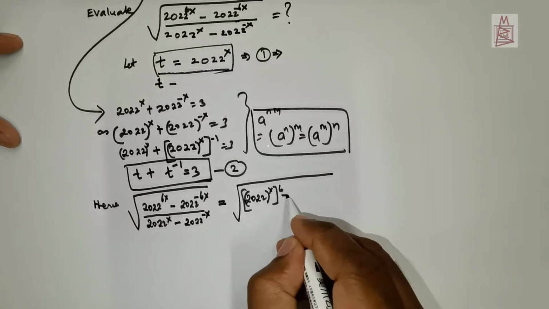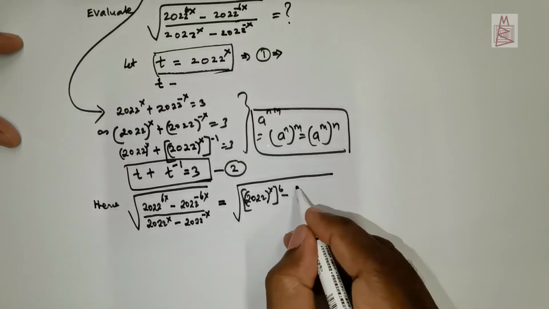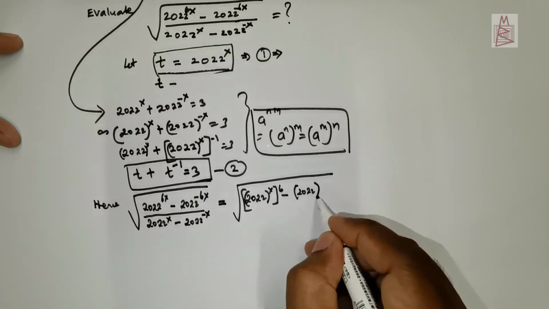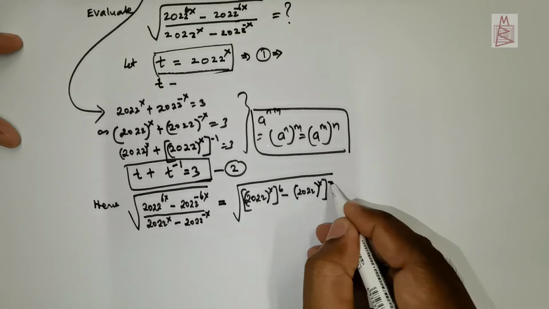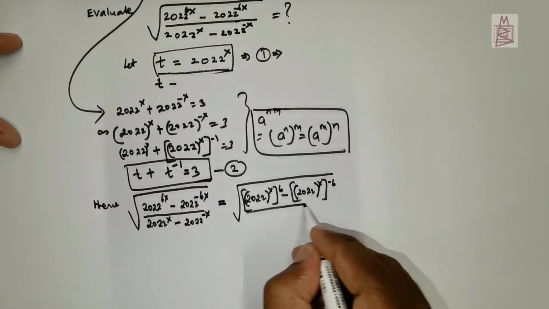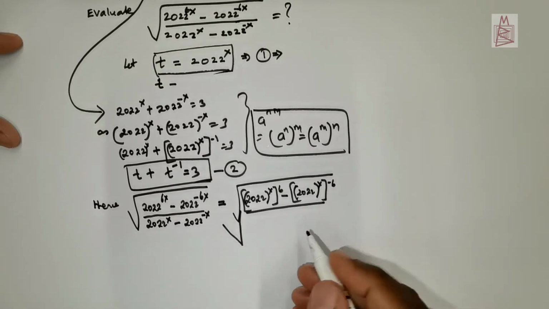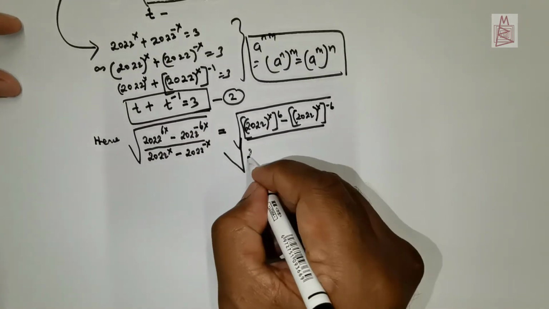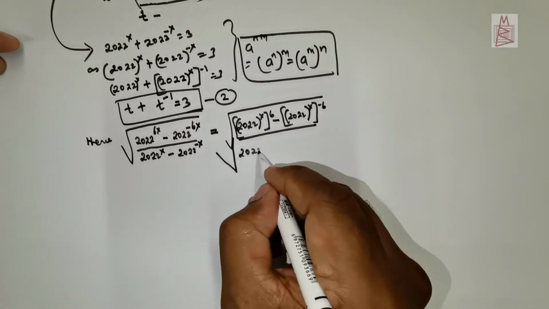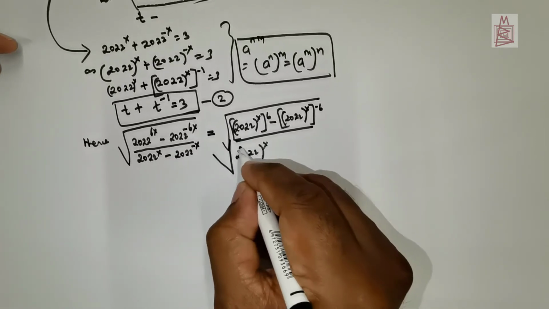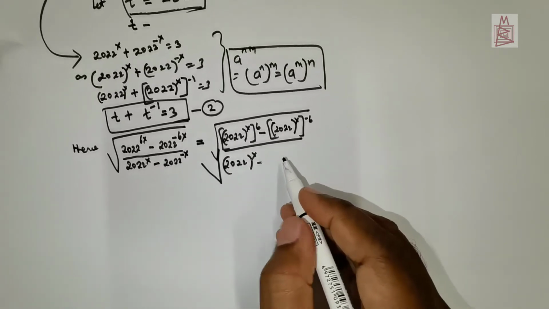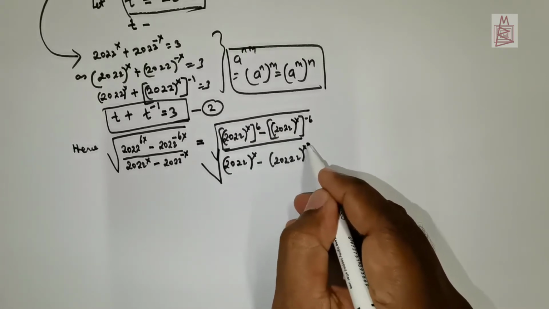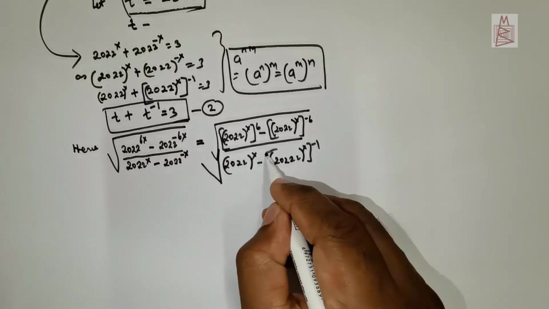This representation is possible by algebraic law. And this is going to be 2022 raised to the power x raised to the power negative 6, divided by, of course, the square root covers everything, 2022 raised to the power x negative 2022 raised to the power x, the whole raised to the power negative 1.